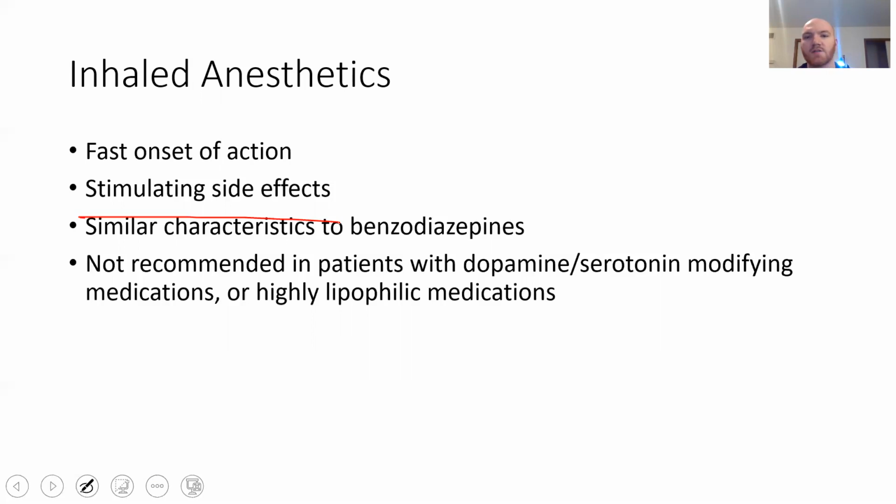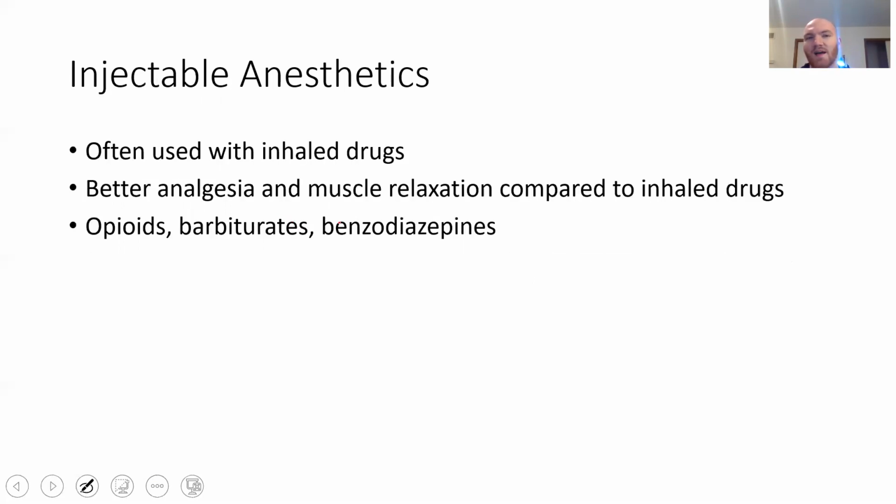But it is a strong belief that they'll mess with dopamine and serotonin signaling. So if the person is on any drugs that modify that, it can interfere with the anesthetics, and they can often be brought too low. Injectable anesthetics are almost always used in conjunction with the inhaled anesthetics and vice versa.